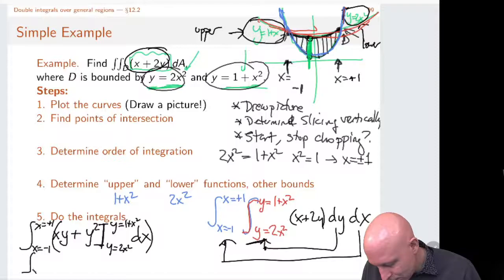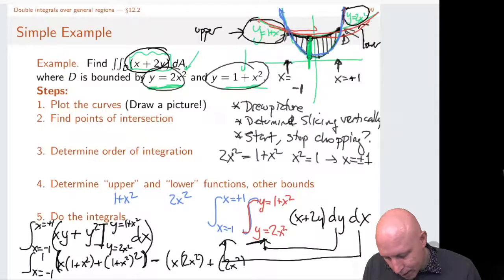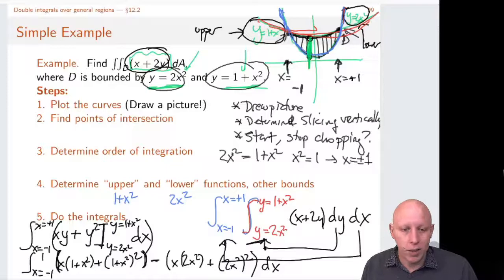So we have this integral from x is equal to -1 to 1 of x times 1 plus x squared plus 1 plus x squared squared. That's the upper one. And then we have to subtract off the lower one, x times 2x squared plus 2x squared squared. All of that integrated with respect to x.